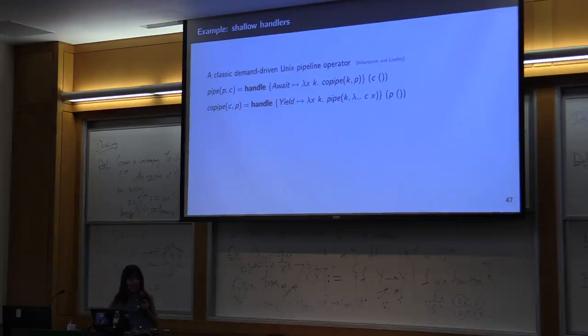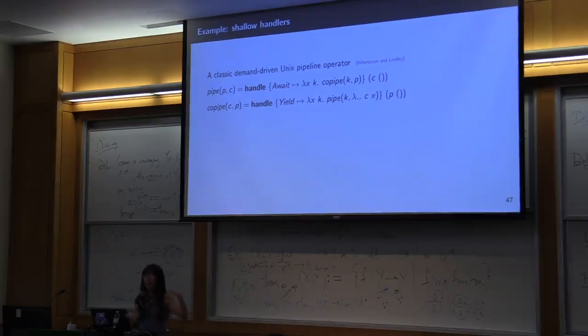I have one example to demonstrate why shallow handlers are useful, taken from the original paper on shallow handlers. What they want is to implement a classic demand-driven Unix pipeline operator.